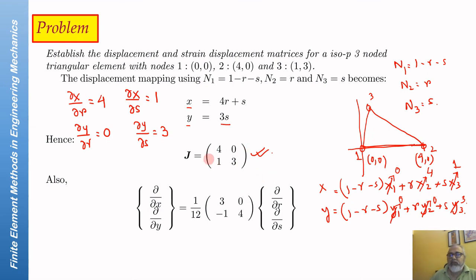Invert this Jacobian, and this is your J inverse, and you write the derivatives of any function, del x del y, in terms of derivatives in the parent coordinate system through the J inverse. So this is what my inverse relation is. Determinant of J is also clear. Det J, which we call J, is equal to 12.